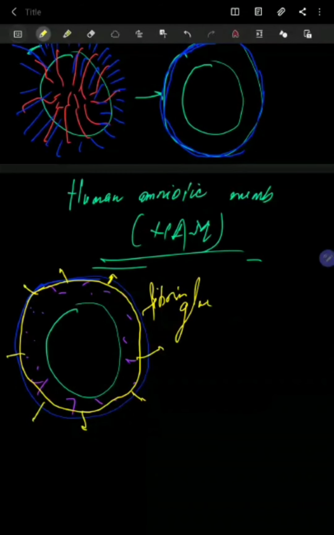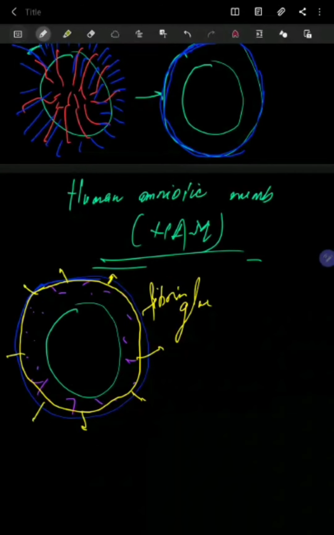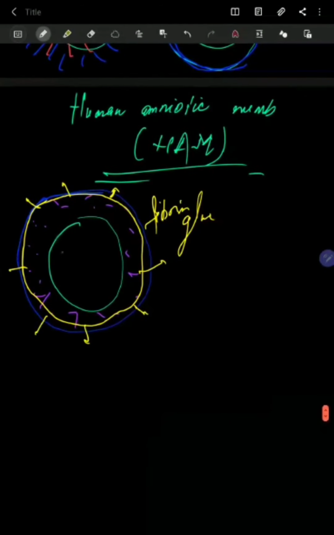Now what is to be done? Over this, we place the cut parts of the limbus, these 6 to 10 parts that we cut. Now these are placed in the mid peripheral cornea. 1, 2, 3, 4, 5, 6, 7.